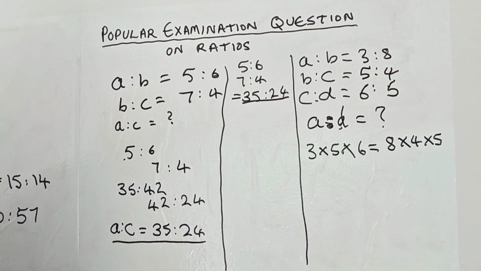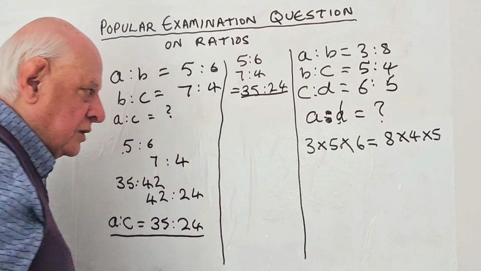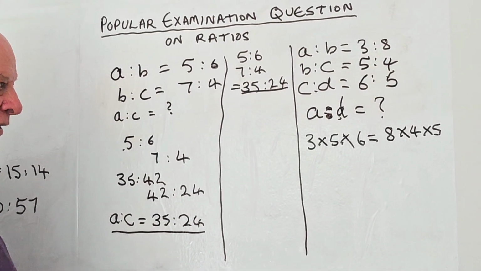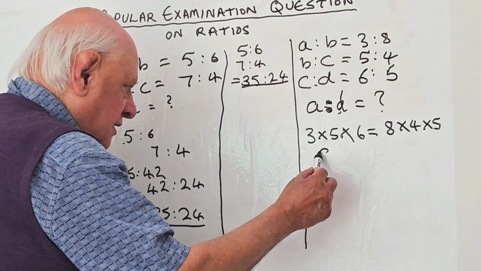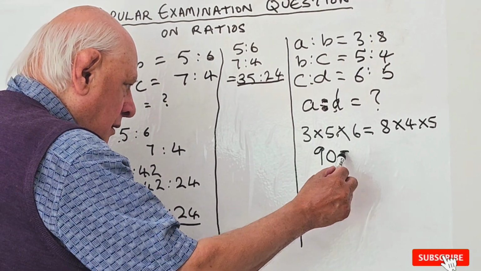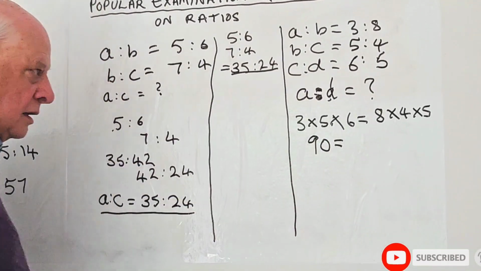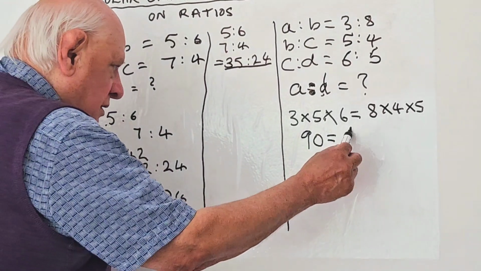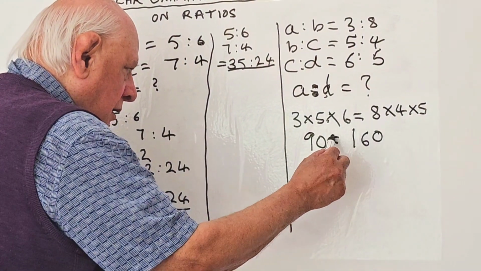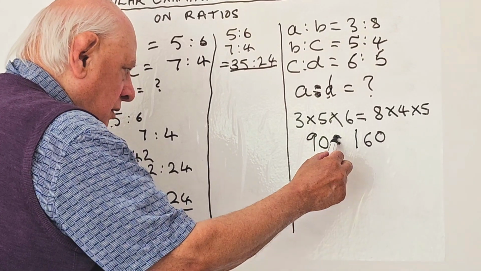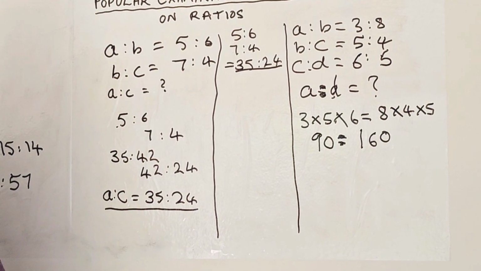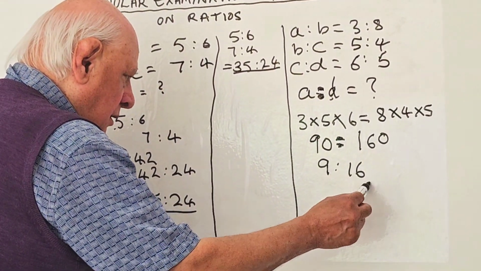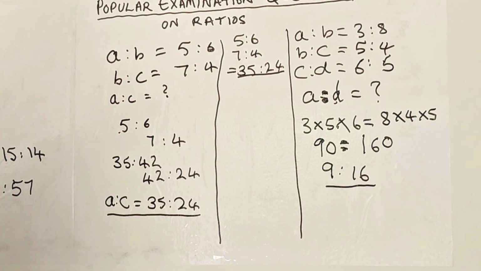We can probably simplify that straight away. 5's cancel out, but you could multiply it all out. 3 times 5 times 6. 5 6s is 30. 30 times 3 is 90. And the second bit, 5 4s is 20. 20 times 8 is 160, and I think you can see you can easily divide both of those by 10. That comes down to 9 to 16. That can't be simplified any further, and that is your final answer.